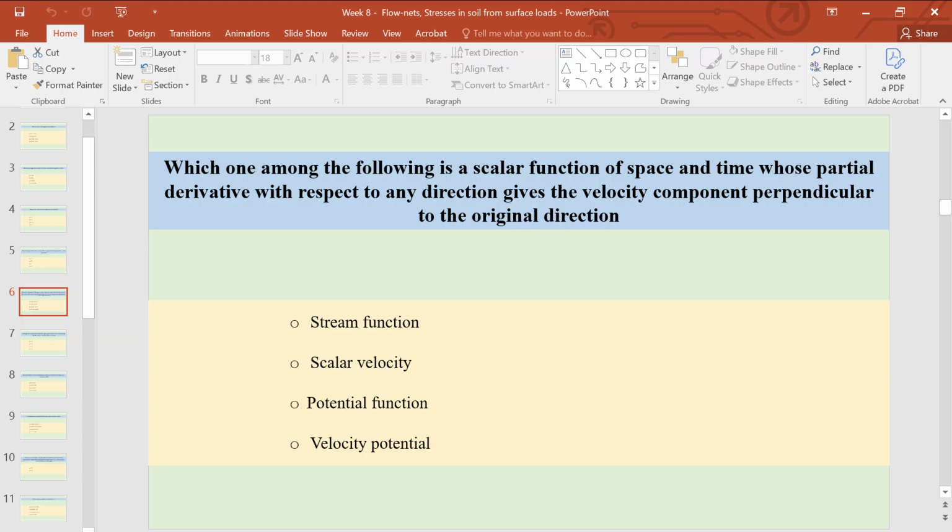I repeat, which one among the following is a scalar function of space and time whose partial derivative with respect to any direction gives the velocity component perpendicular to the original direction? The options are: first option, stream function; second option, scalar velocity; third option, potential function; last option, velocity potential.